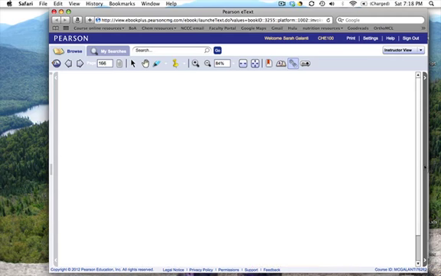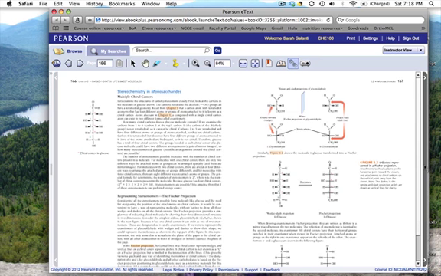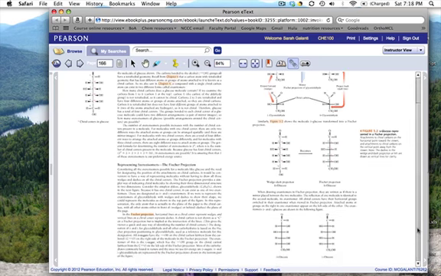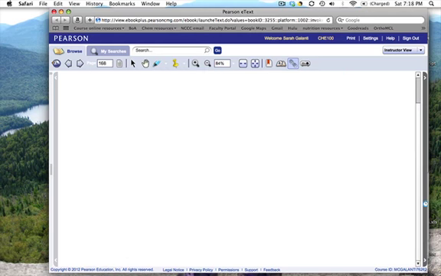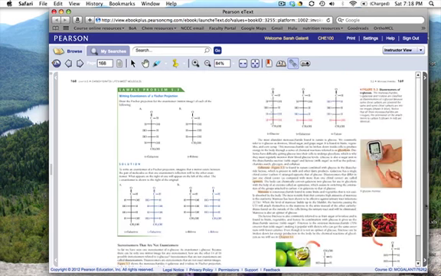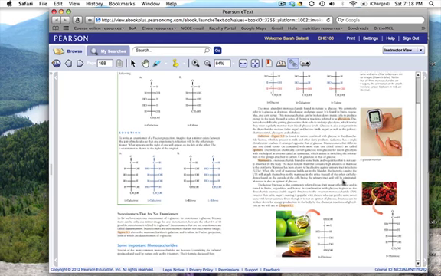What you do need to know, though, is how to draw Fischer projections of different molecules. Okay, that's in this section here, Fischer projections. And you should also know the different types of stereoisomers in this chapter.